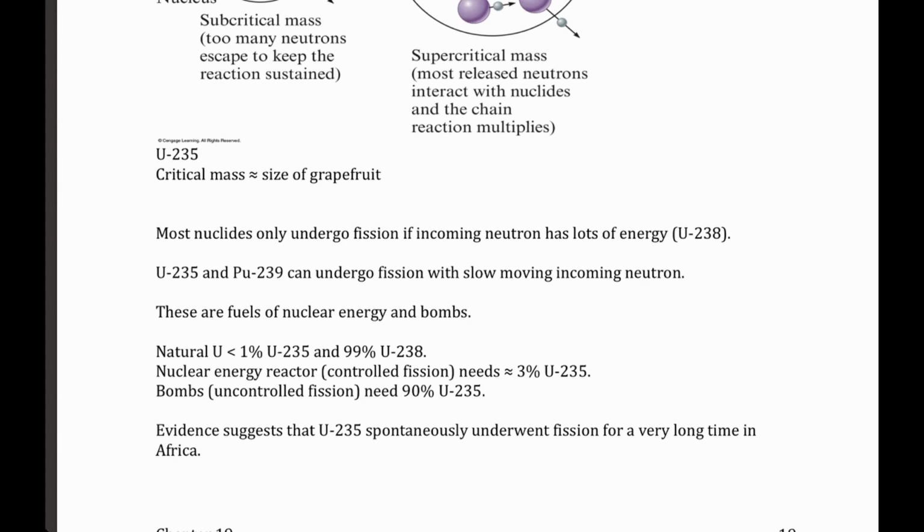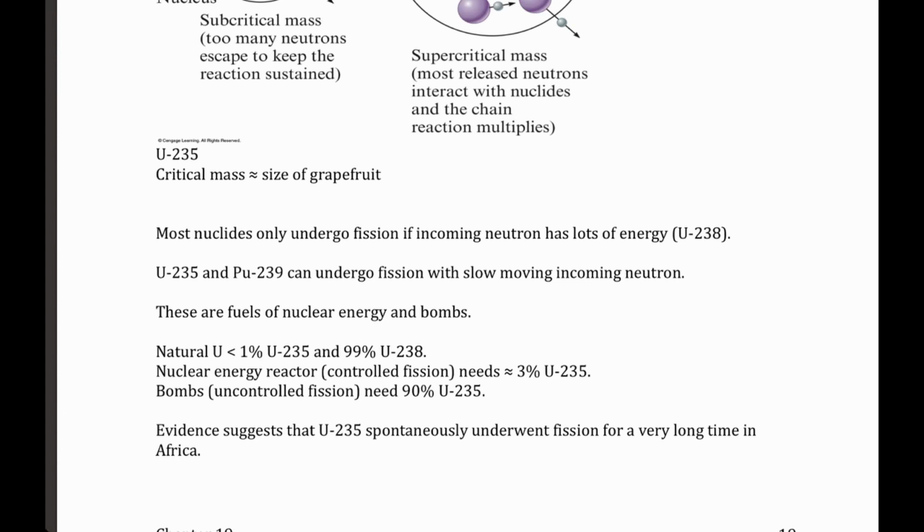A nuclear energy reactor, that is controlled fission, the one where we have the critical mass and it's just self-sustaining, it's not dying off, it's not going out of control, needs about 3% U-235.